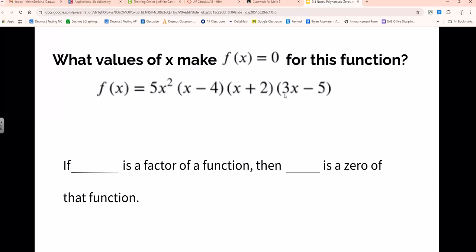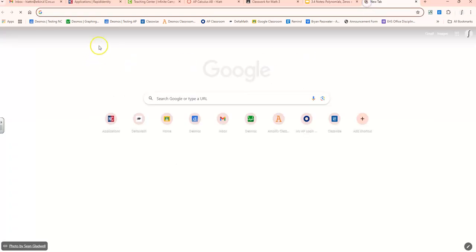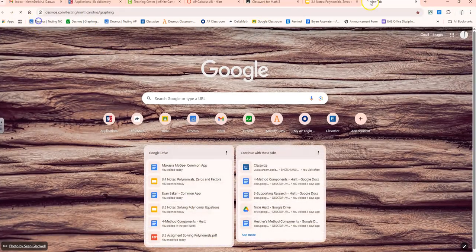You can use Desmos if you want. Guess and check. What could I plug in that would give me 0 as my answer? Everybody get out your Desmos.